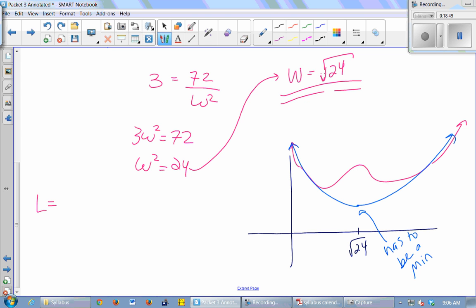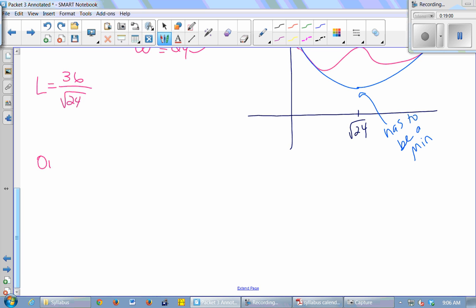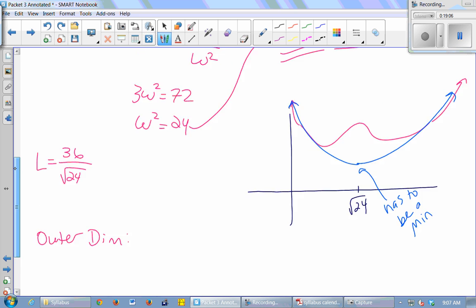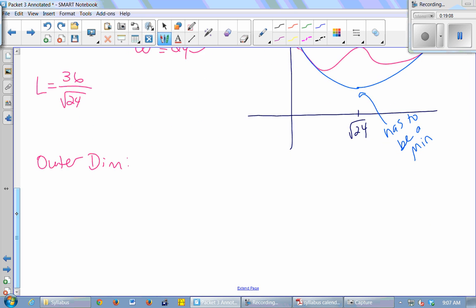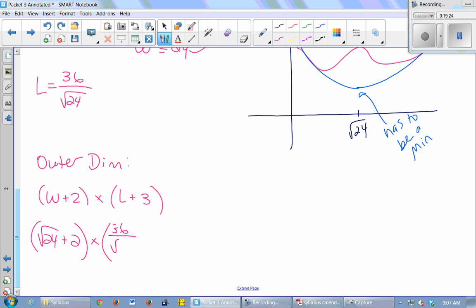L is going to be 36 over radical 24, 36 over W. And then the outer dimensions are going to be W plus 2 and L plus 3. Or radical 24 plus 2 by 36 over radical 24 plus 3.